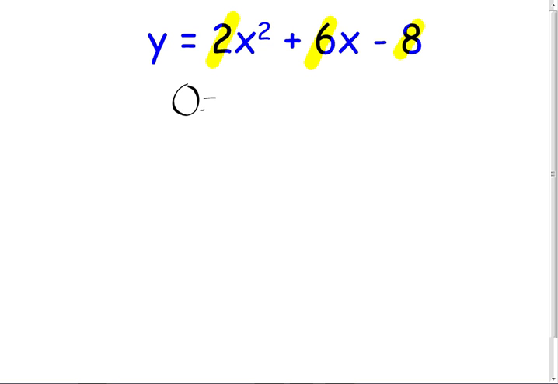What's the common factor here? Katie? 2. We should be working on this. What's left? X squared plus 3x minus 4.